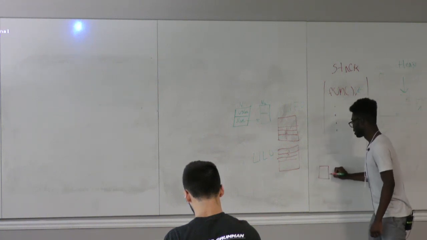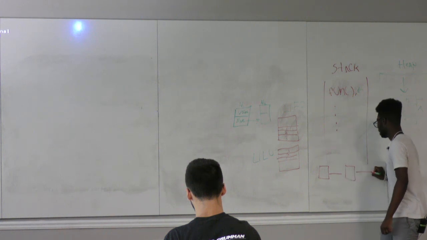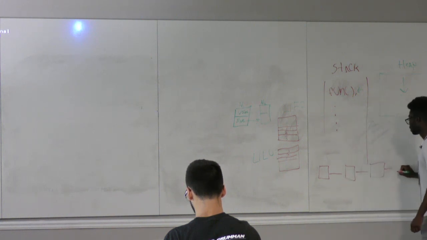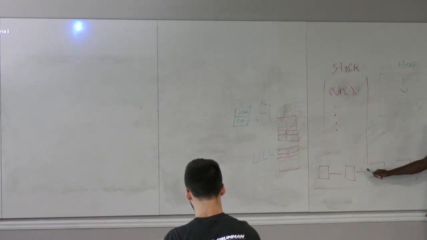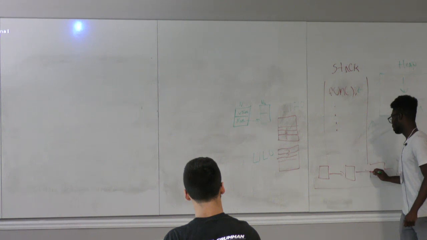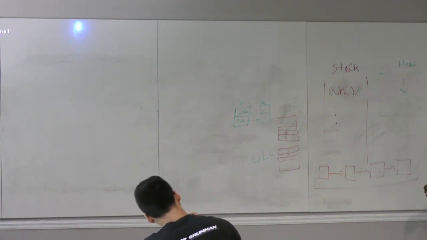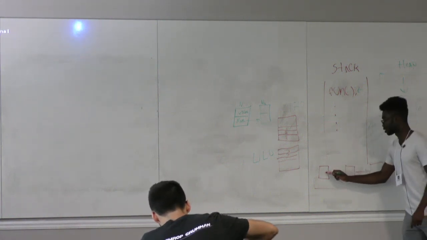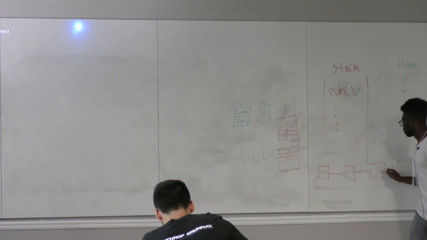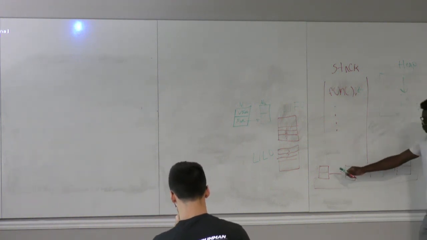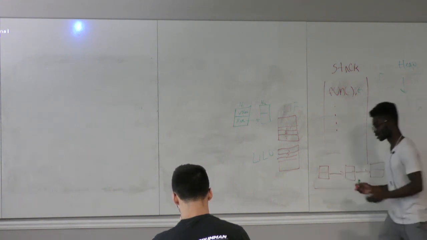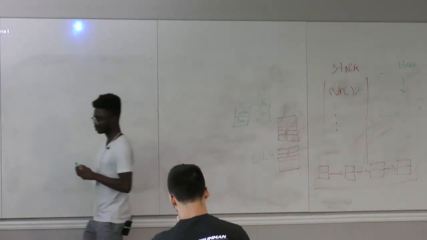It's essential to know that this is not contiguous. I want to point out that even though your nodes point to the next node, this isn't all one block of memory. These nodes might be in separate places in your memory, but the benefit is that you always know where the next node is, using our pointer to the next node.